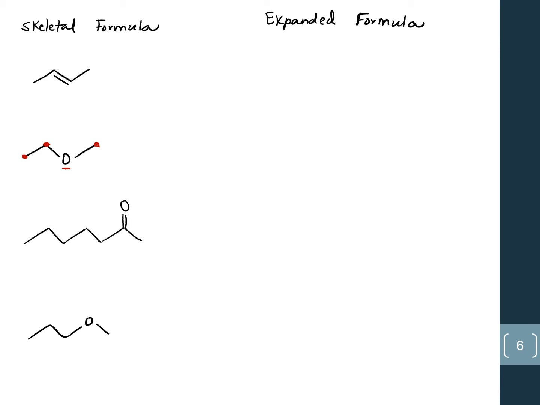What you have is an oxygen atom. So I'm going to start by writing my two carbons here. That's my expanded for that one. I have a carbon in the corner. I have a carbon right after that one. The third thing that I have is an oxygen, and then I have another carbon.